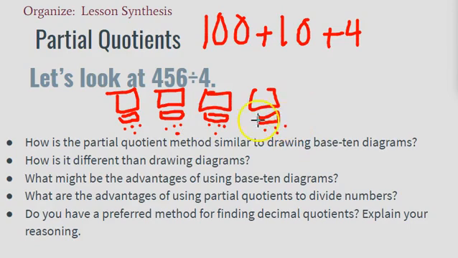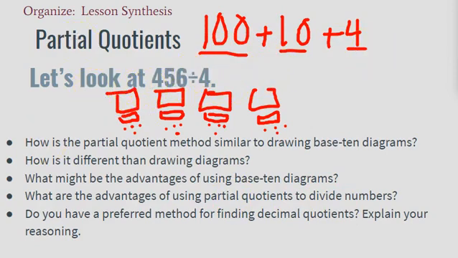So they do have some similarities as far as how they break them up and look at the different pieces. It's just that one deals with mostly just thinking about the digits and the pieces, whereas the other one is almost a physical model where you actually are seeing each of the parts. The partial quotients advantage can be that you can break it down and it doesn't take as much room to work out.